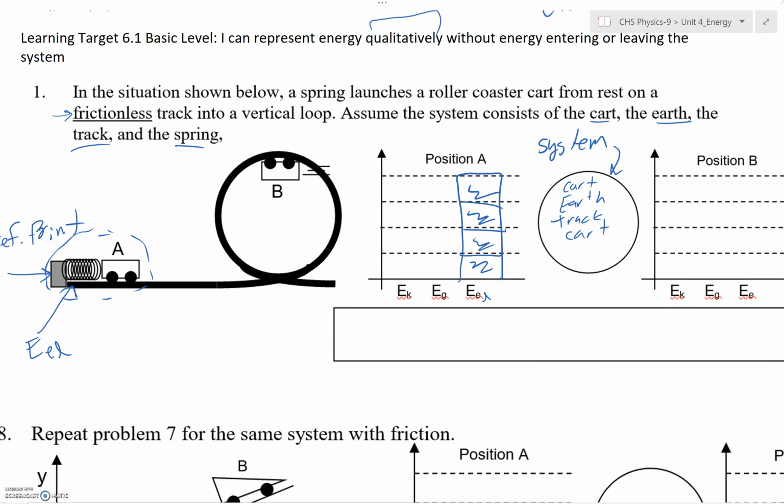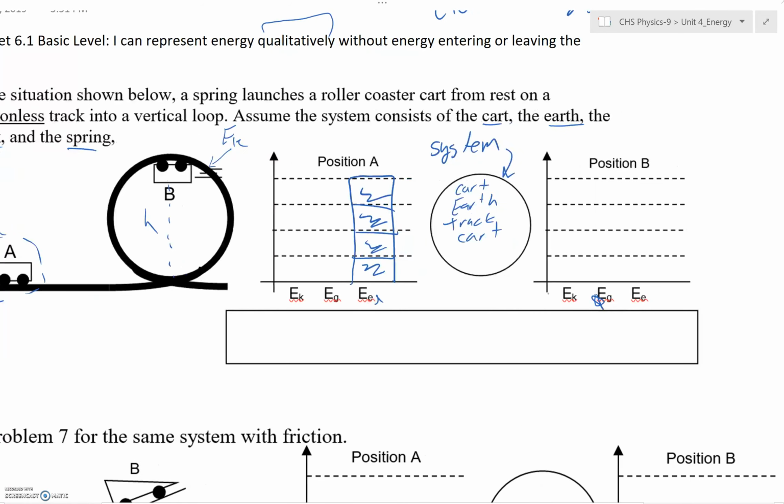Then in the end, at position B, the spring goes to where it wants to go after it pushes the cart, and we end up with some height above our reference point. That tells us we've got gravitational energy, so let's put a star there. And the car's moving, which we can see with the little whooshies coming off of it, so that tells us we've got energy in the kinetic account too. It doesn't really matter what we do here.